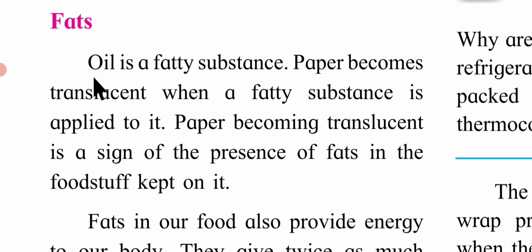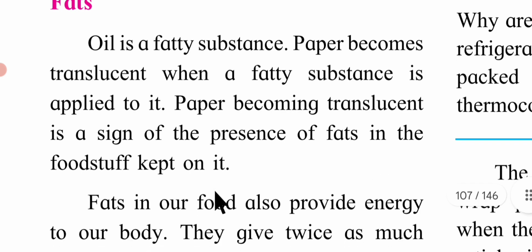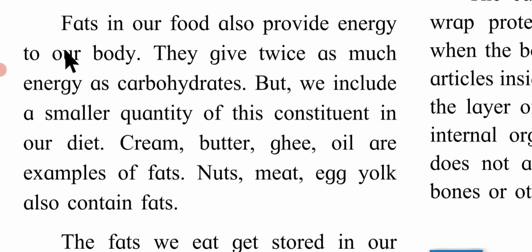Fats. Oil is a fatty substance. Paper becomes translucent when a fatty substance is applied to it. Paper becoming translucent is a sign of the presence of fats in the foodstuff kept on it. Fats in our food also provide energy to our body.